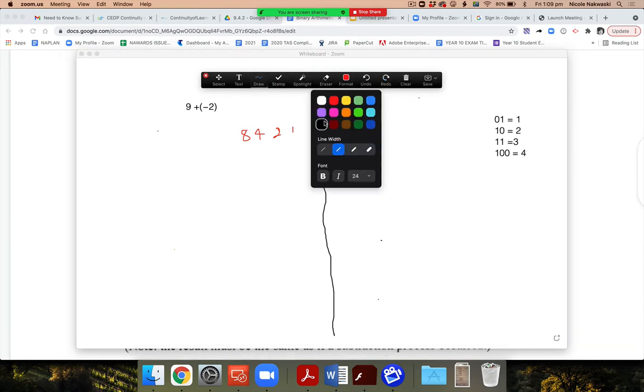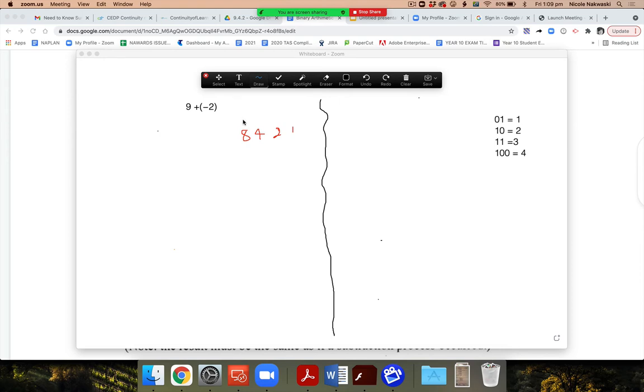So 9 is going to be 1, 0, 0, 1. And 2 is going to be 0, 0, 1, 0.